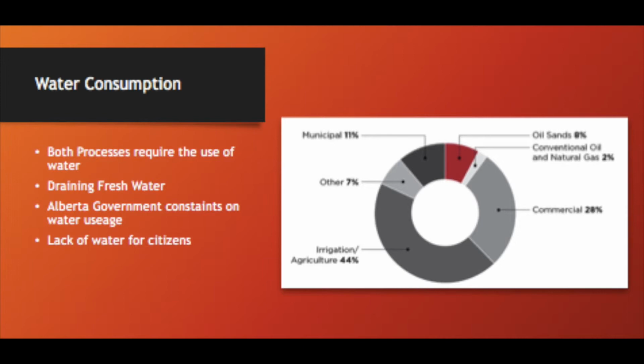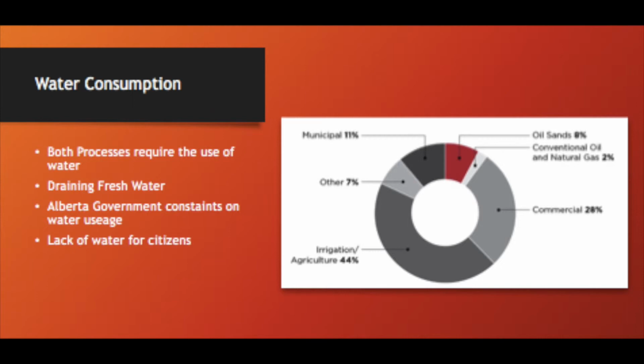I've included a graph which displays the allocation of water in Alberta. 8% of the fresh water goes to oil sands, and considering only 2% of the world's water is fresh.